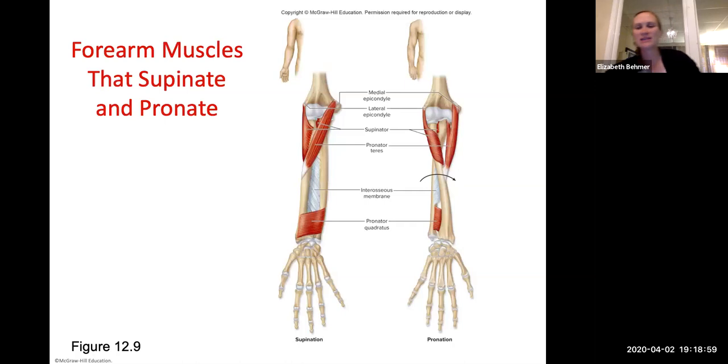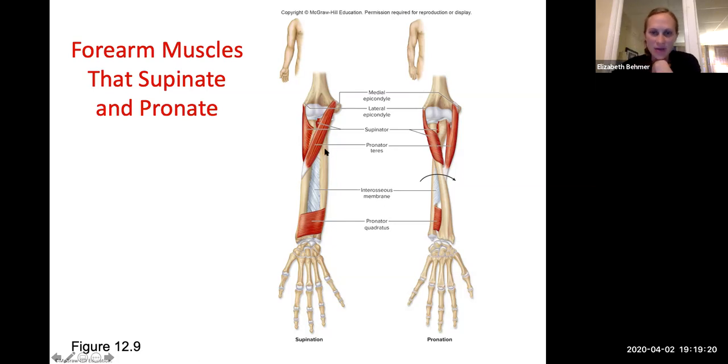Okay, so let's look at some of these. This picture is showing the difference between supination and pronation. This is a right forearm. You can see the model at the top. He's in supination right now. And when he crosses his arm over, so his palms face back, that's pronation.